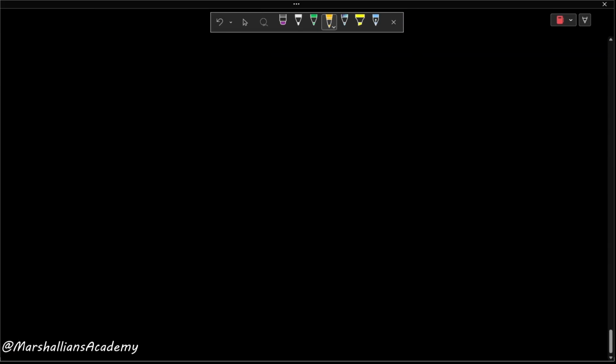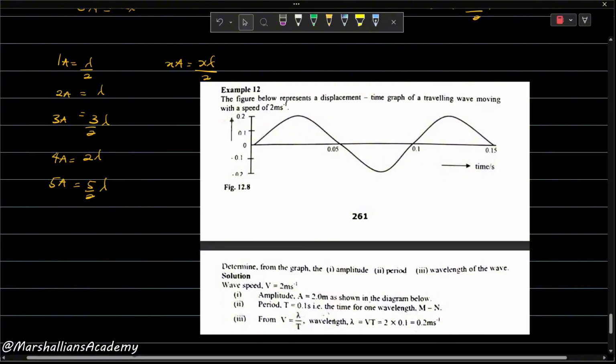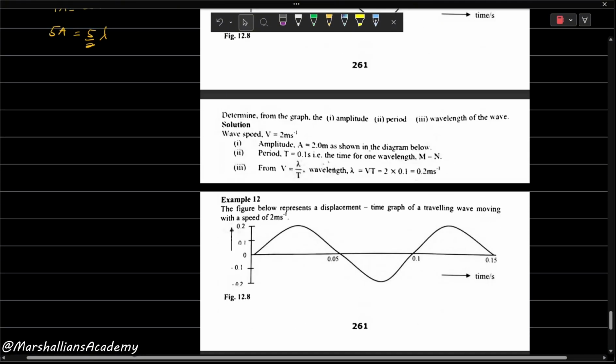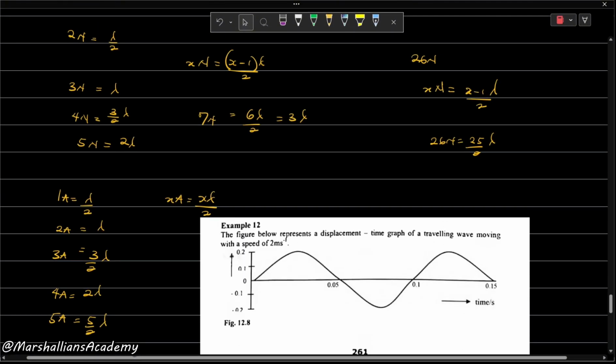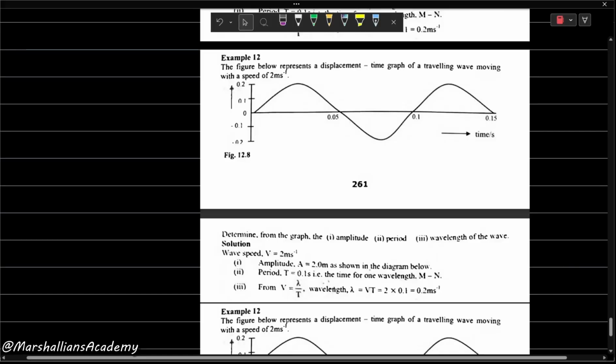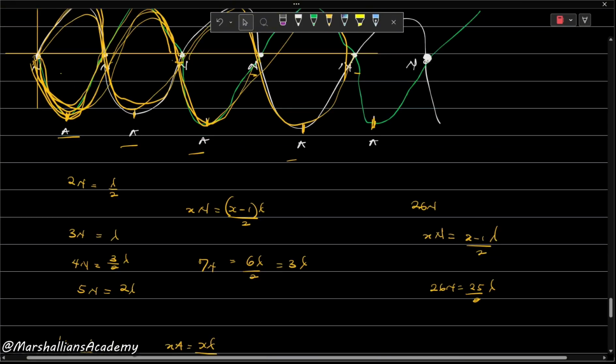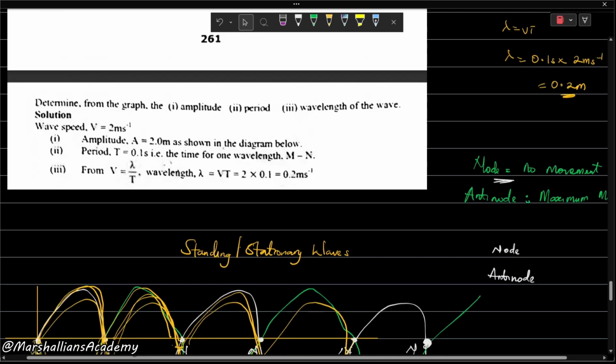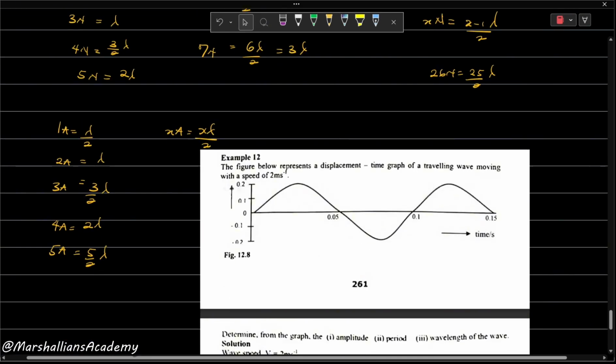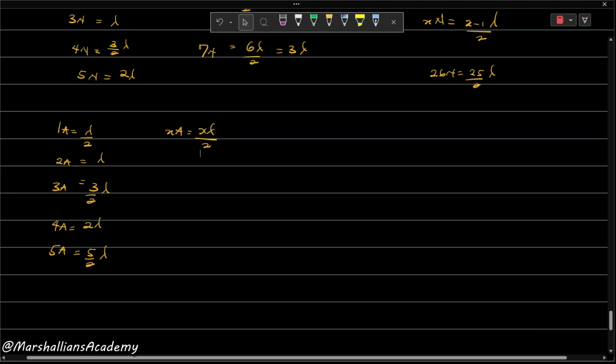Easy. Let me delete this. For antinodes, we are not going to be minusing 1, but for nodes, we are going to be minusing 1.